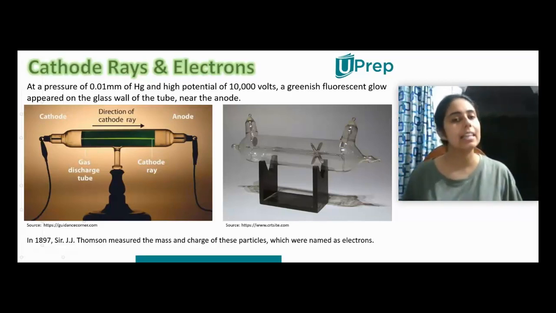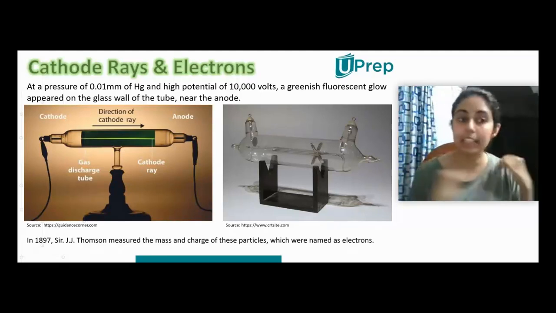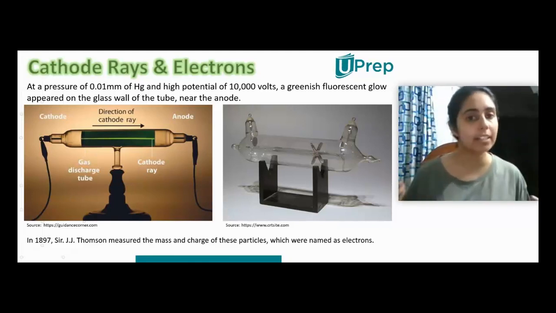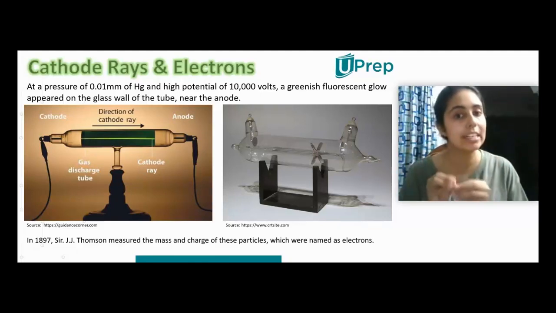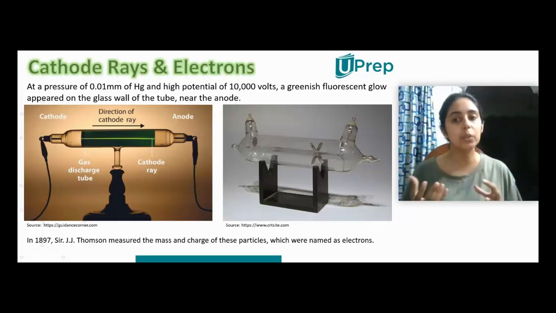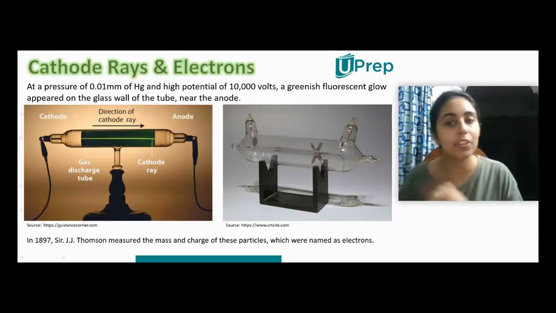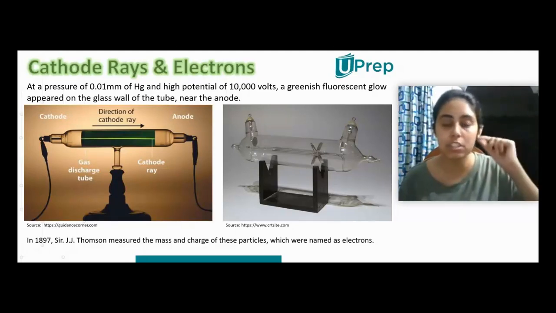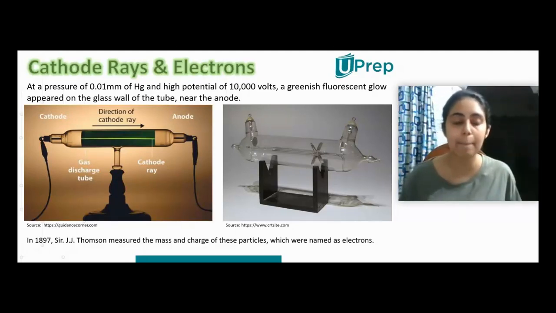That means that cathode rays have something that the laser light does not have. Laser light is just a light, it does not have any particles, whereas the cathode rays have some particles. So in order to prove that, what did they do? They put a paddle inside the tube on the right hand side. So what happens when these particles hit those blades of the paddle? What happens?